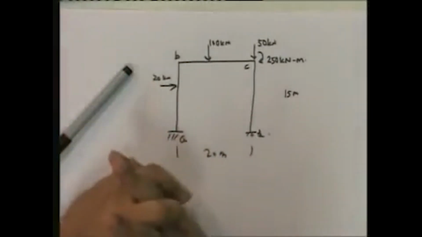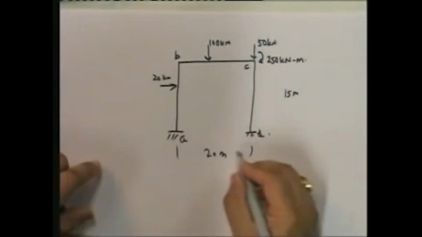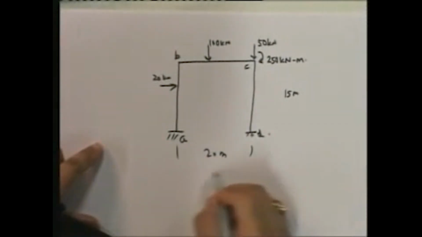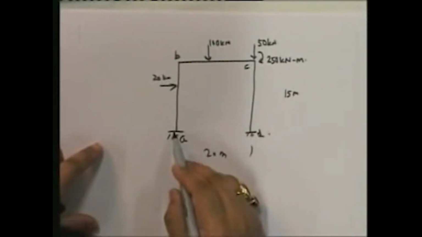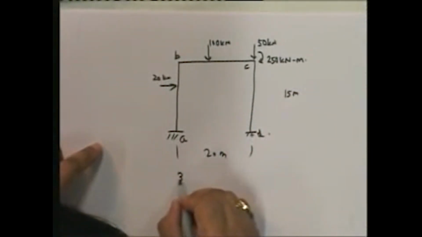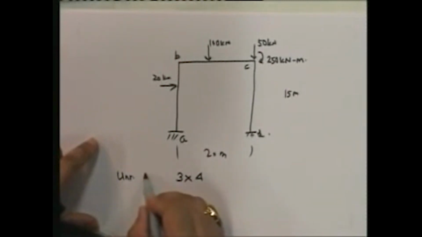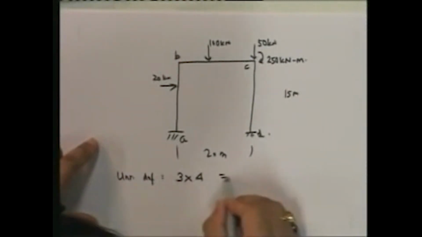What's the first step? The first step is to find the degrees of freedom. Again, let me go through all the steps. How many nodes? 1, 2, 3, 4. So 4 joints, 3 into 4 is 12 unrestrained degrees of freedom.